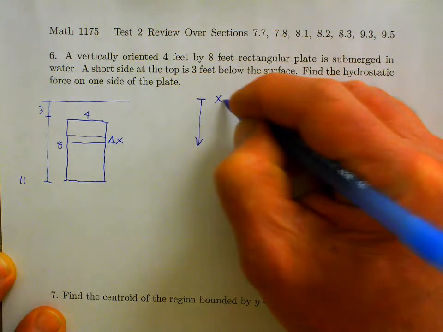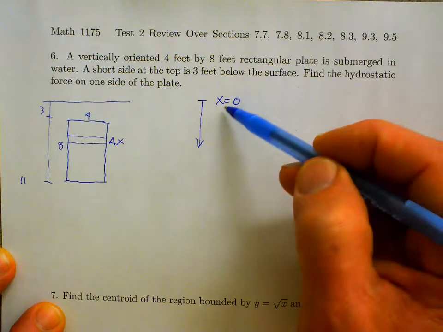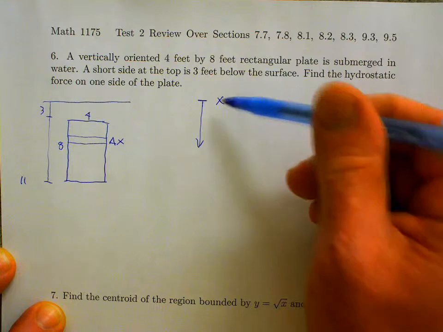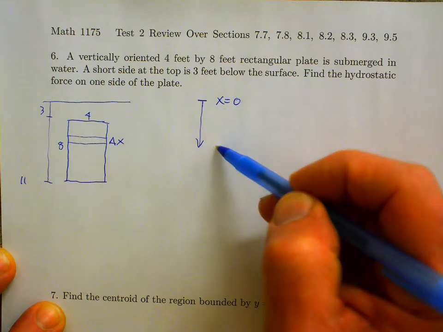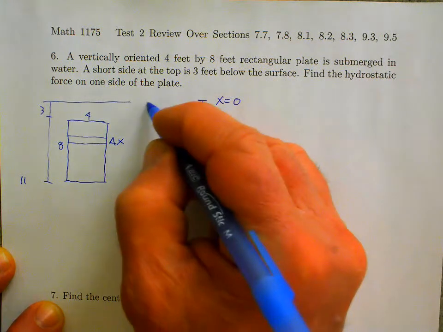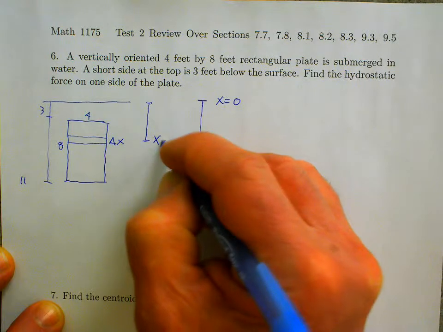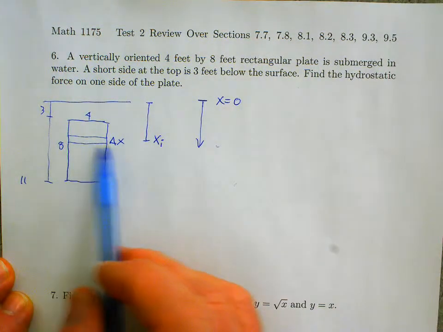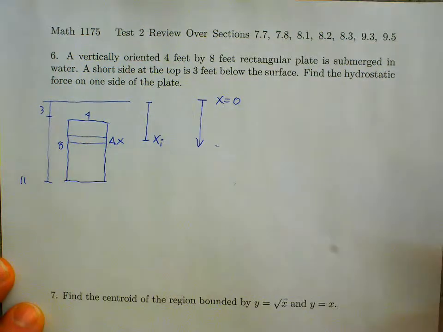So at the top, we have x equals 0. And then as we go deeper, the x values become positive. So if we're at a depth of, say, x sub i, then we want to find the hydrostatic force on that little rectangle.